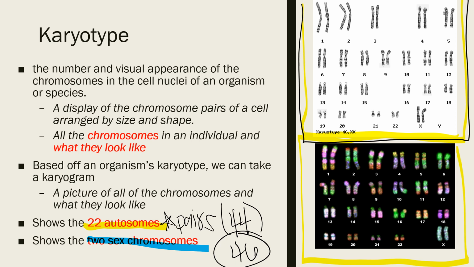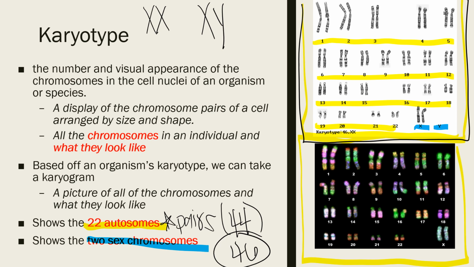So when looking at a karyotype, numbers 1 through 22 are my normal autosomes. However, the last pair, pair 23, is going to be those sex chromosomes. If we go back to the sex-linked traits Khan Academy lesson that we did last week, we learned that the sex chromosomes for a female are XX, and the sex chromosomes for a male are XY.